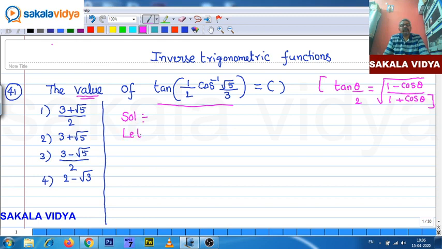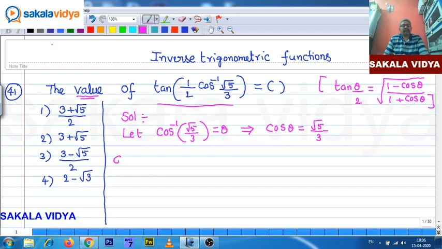Let us consider cos inverse root 5 by 3 equals theta. That implies cos theta is equal to root 5 by 3. So, that means we know the value of cos theta.